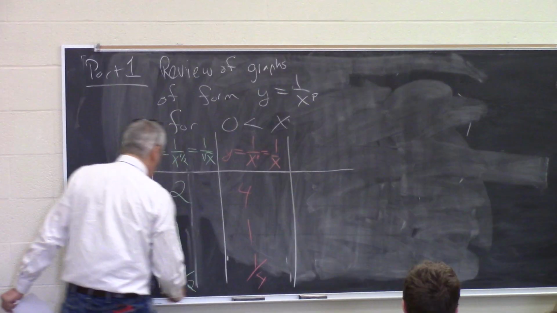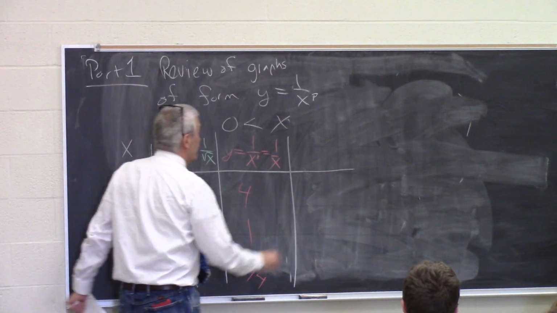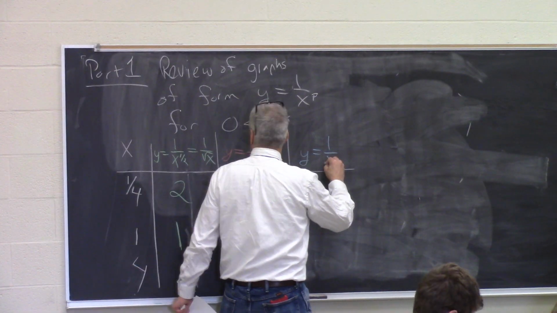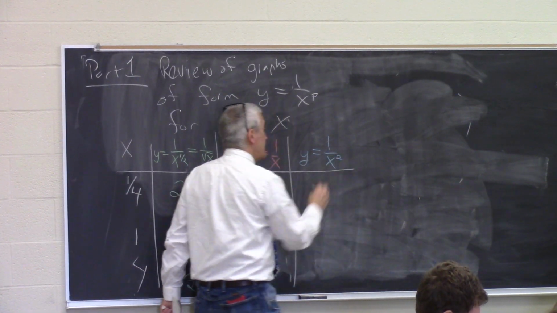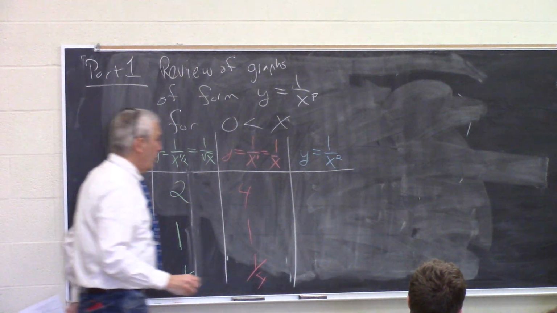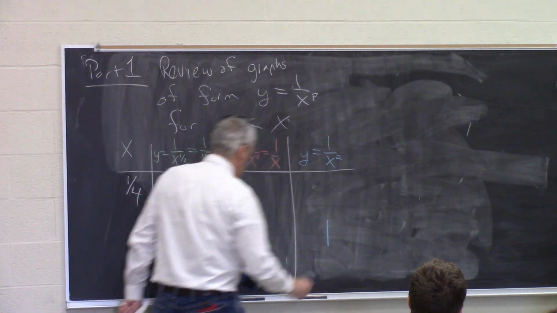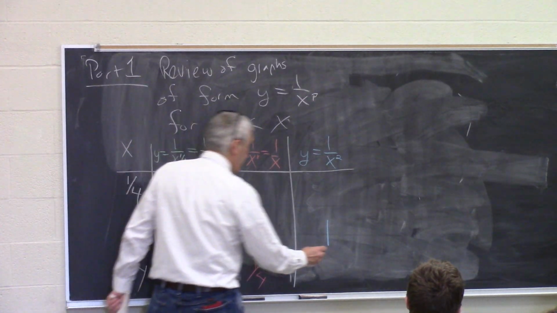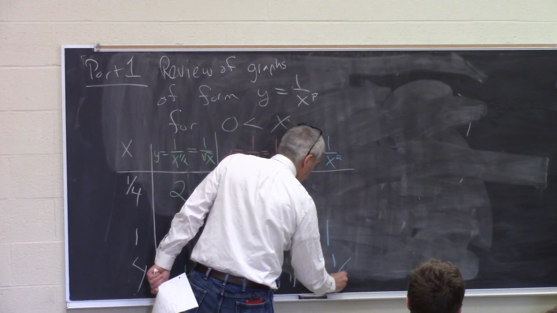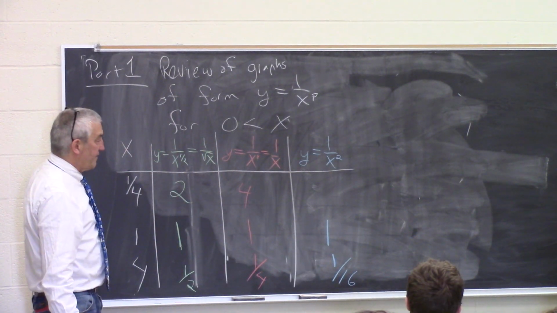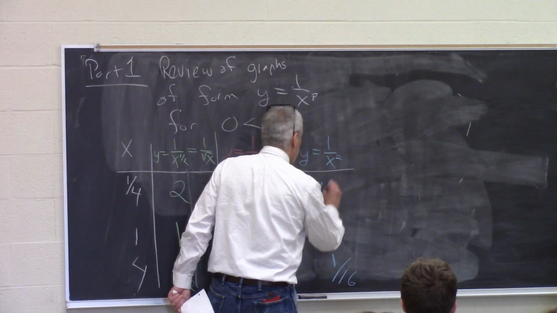Now let's go over to our final graph, which is going to be y equals 1 over x squared. Well, when x is 1, y is going to be 1 again. When x is 4, y is going to be 1 over 16. And when x is 1/4, y is going to be 16.